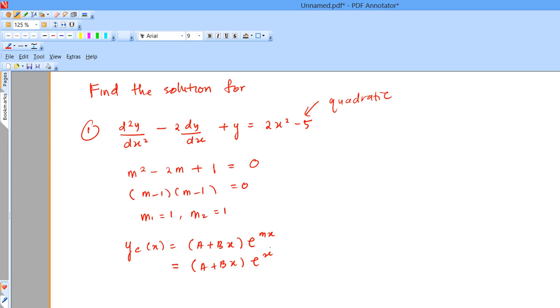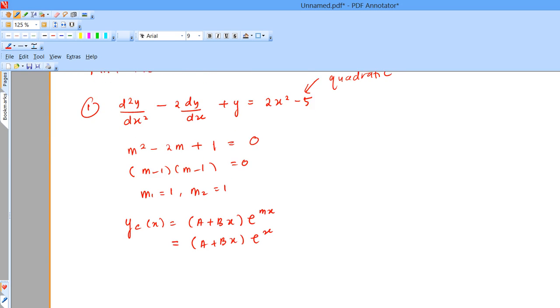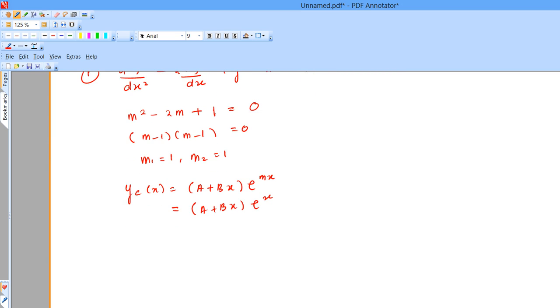And then we find the roots. For this equation, we get m1 = m2. So the general solution for homogeneous when m1 = m2 is (a + bx) e^(mx). So we get yc = (a + bx) e^x.